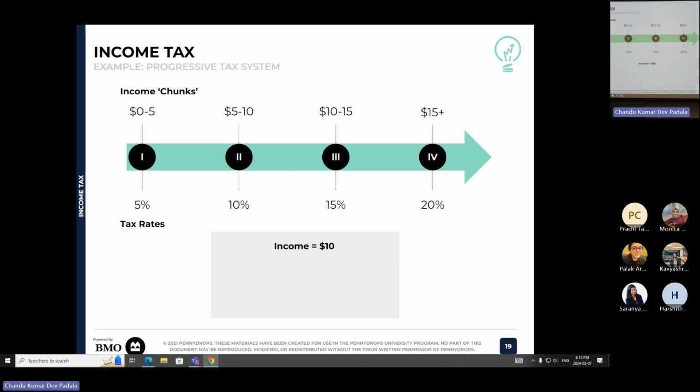Okay. The actual amount of taxes based on these rates, like 5%, 10%, what would the total be?